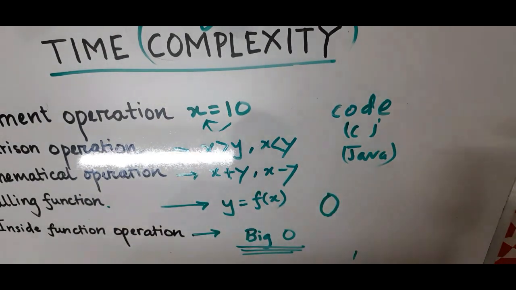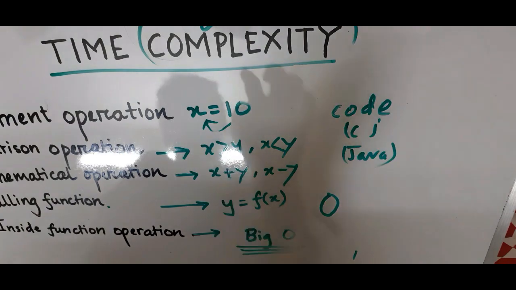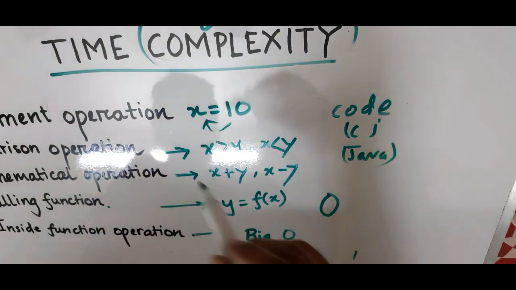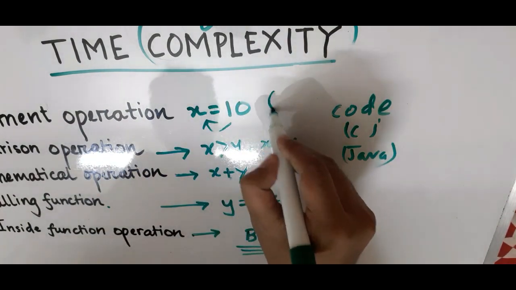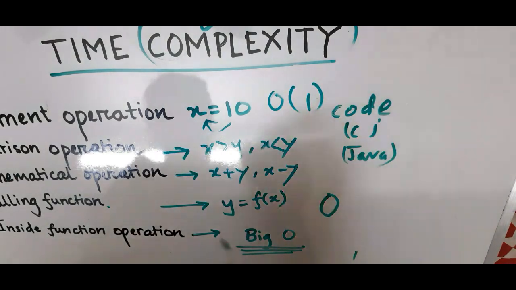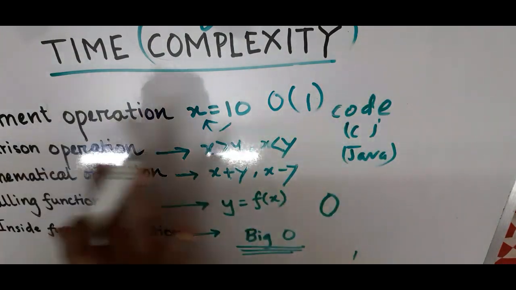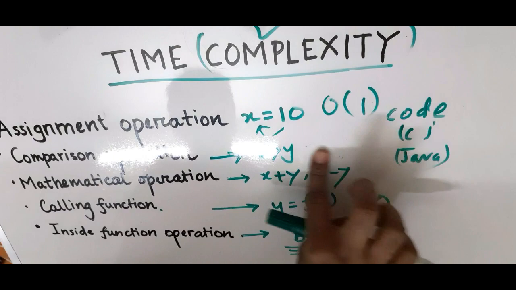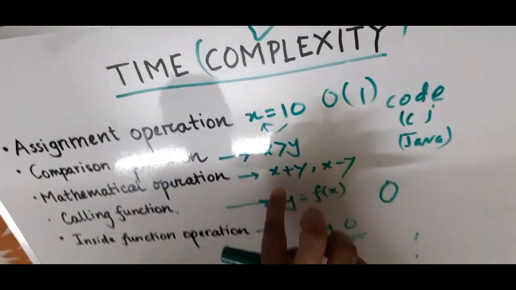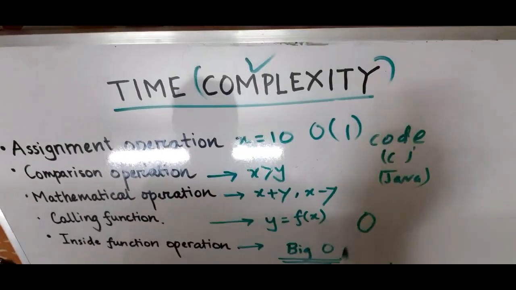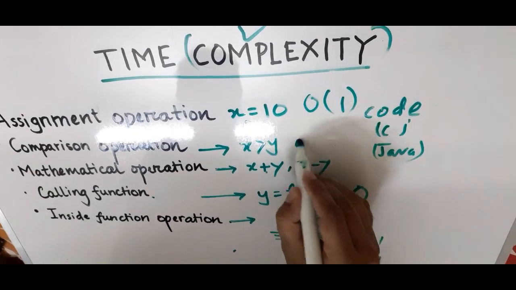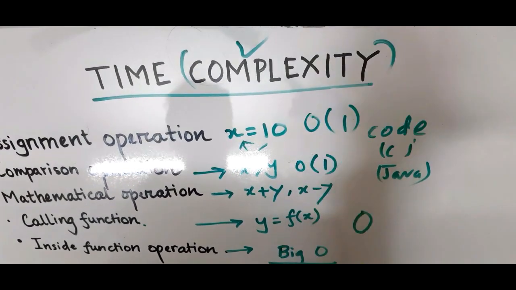That's the O sign. So when we perform one assignment operation, the complexity of this one should be O of 1, right? When we are performing a comparison operation like this greater than operation, the complexity should be big O of 1.